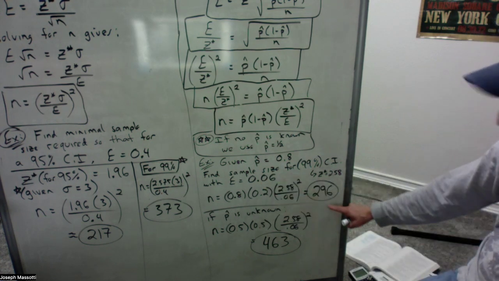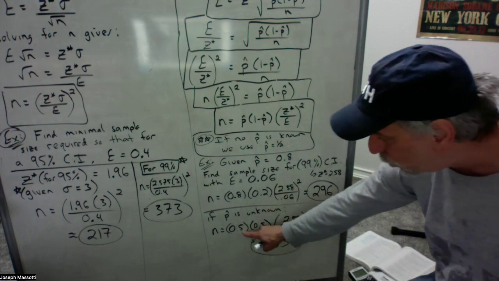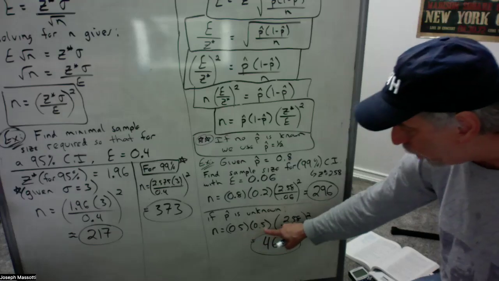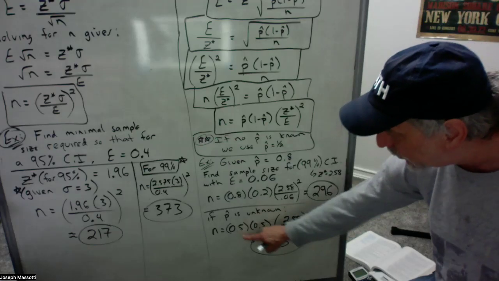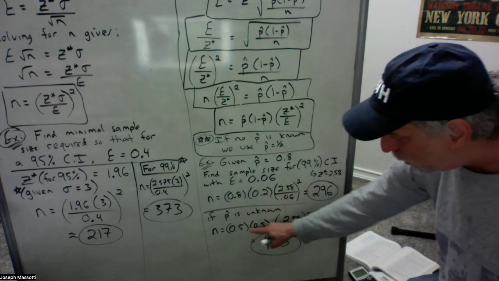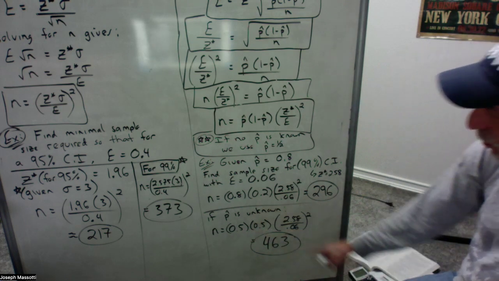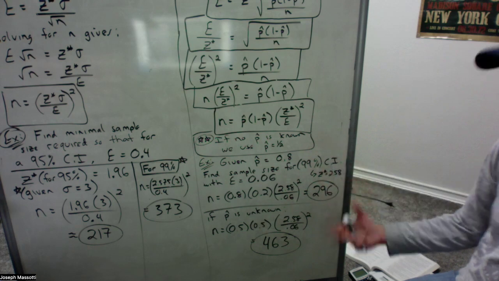So now notice, if we don't know p hat, we have to use 1/2, 0.5, and 1 minus 0.5 is 0.5 again. So 0.5 times 0.5, that's the only thing that changes. And notice this number is always going to be more than for any other p hat, and that's why we use it.